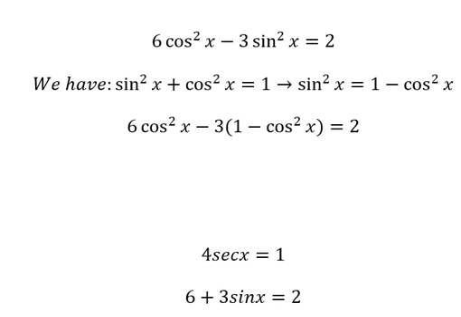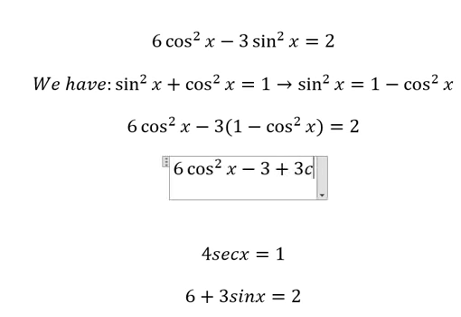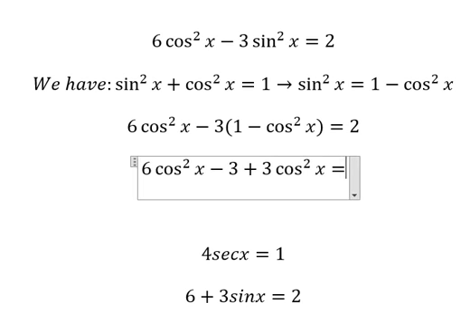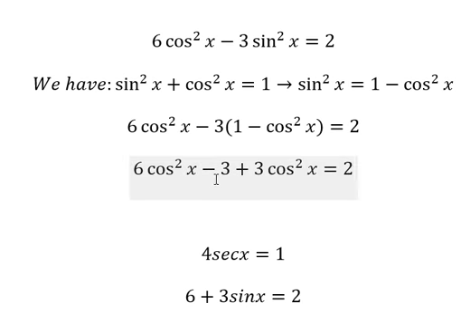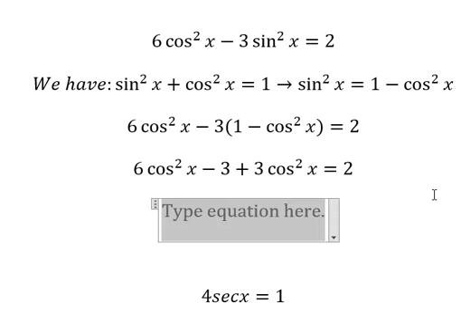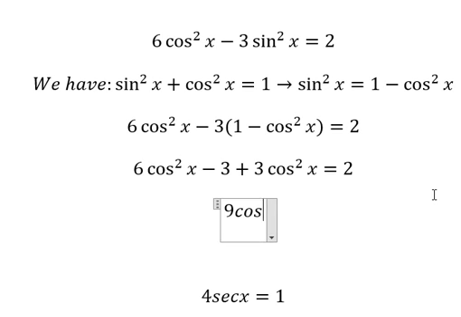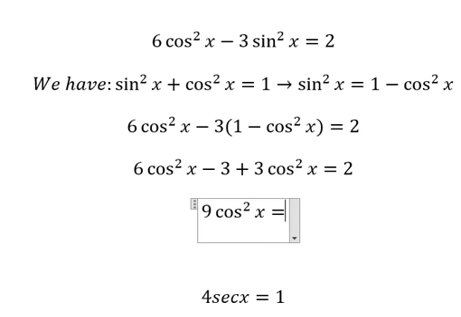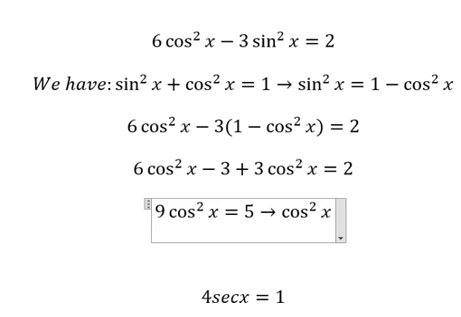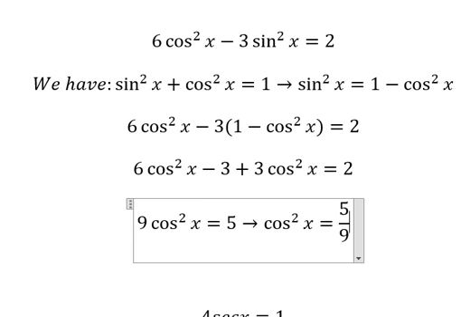So we will get 6 cos x squared minus 3 plus 3 cos x squared equals 2. So we put negative 3 on the right, 3 with 6, you got 9. So we got cos x squared equals 5 over 9.